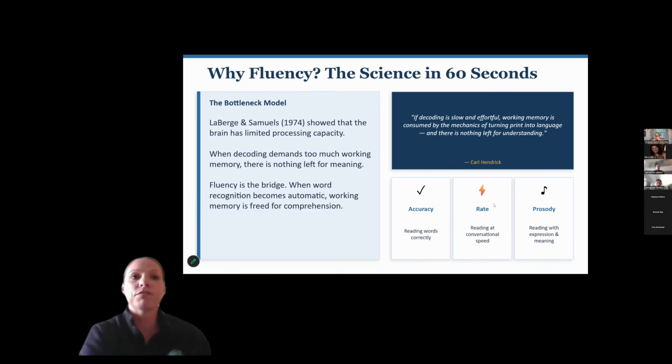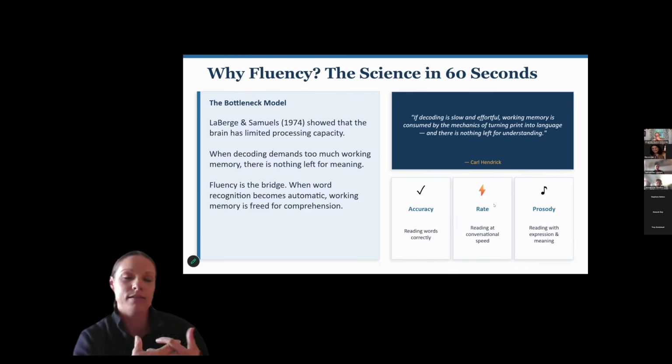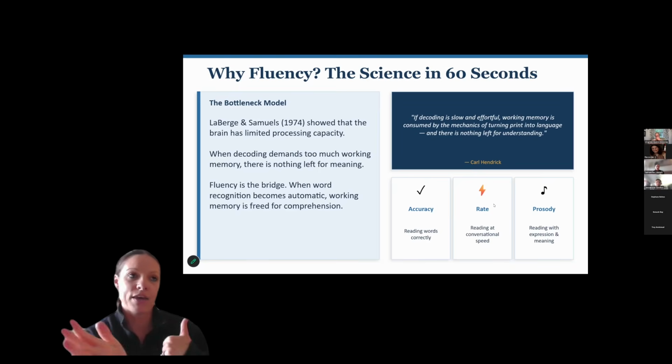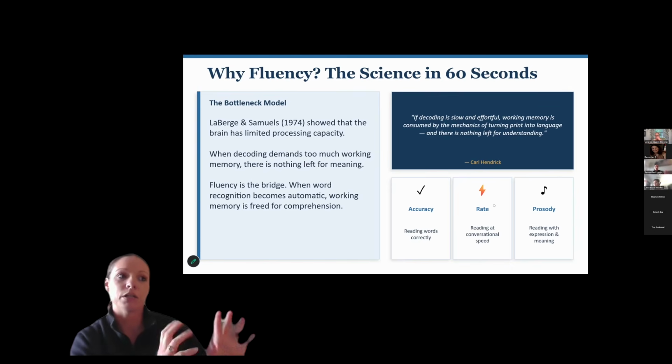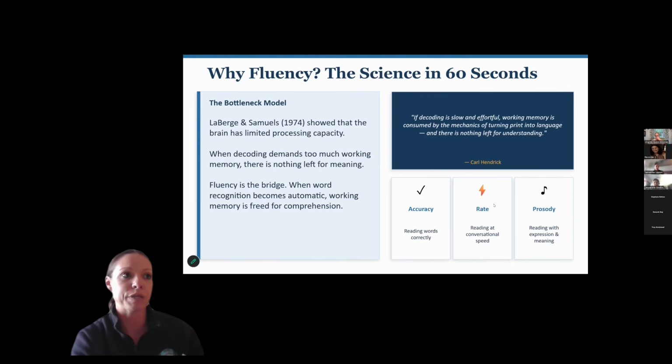We all know that fluency in reading is a very important foundational piece. I like to tell people that third grade is a transitional phase for kids. They come up through K, 1, and 2, really focusing on decoding skills, learning their phonics and being able to read words.